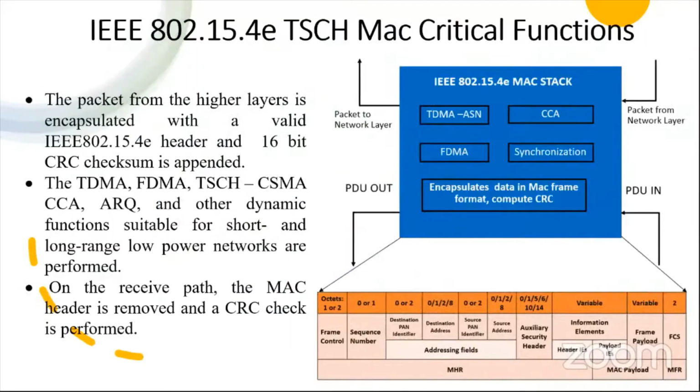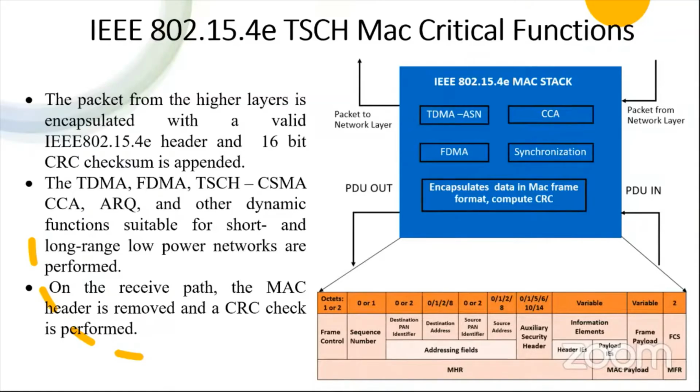Now, again, just to recap and give you an overview, what you see down below is the packet structure, right? You have the MAC header, you have the MAC footer, MHR and MFR. The MAC payload is there. Information elements, we discussed this last time. Header information element is there. Then you have the PAN ID, source PAN identifier, destination PAN address.